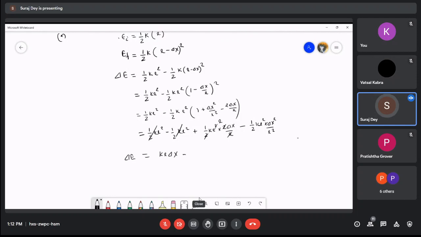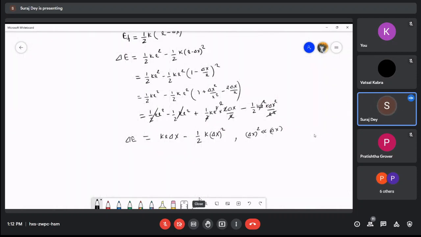And for the other term, I have half k delta x squared. I can consider that delta x squared is much smaller than delta x itself, so for now I can just ignore this term, because this is a higher order term.